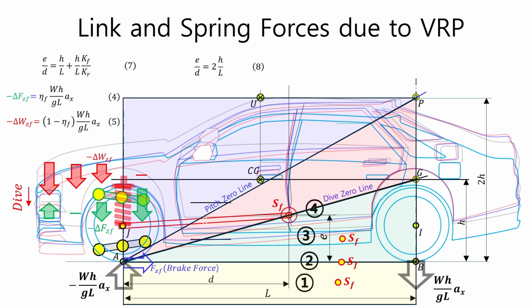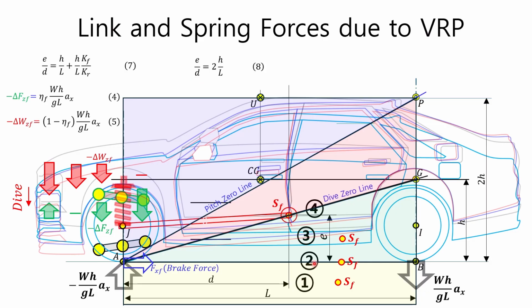Let's examine the relationship between the link and spring forces based on the location of the virtual reaction point. The method for determining the pitch angle zero line and the dive zero line in the figure will be explained later. The pitch angle zero line can be expressed as equation 7, and when the front spring stiffness and the rear spring stiffness are equal, equation 7 can be expressed as equation 8.